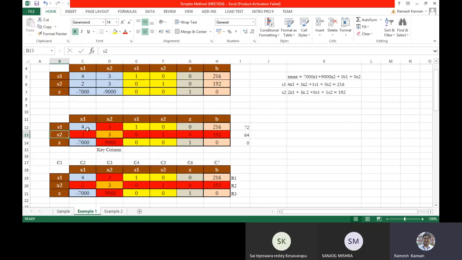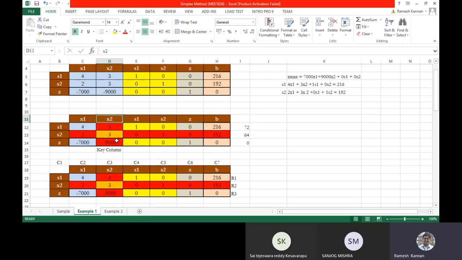So don't worry, the key row will take the name of that particular key column. Do you understand what I'm saying? For example, if minus 9000 were here and the key row were here, then S2 would be replaced by x1, but not x2.